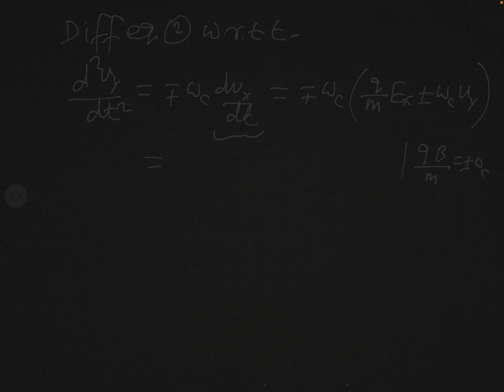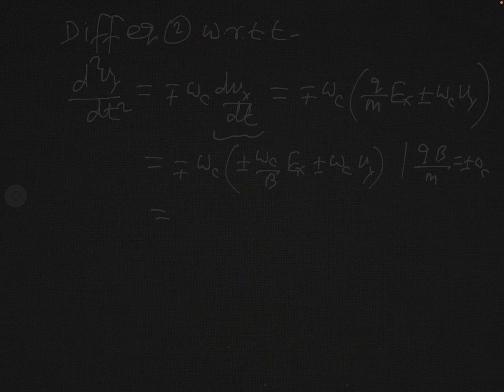This will be plus minus omega c by B. So we can write this as minus plus omega c into, and this q by m will be replaced by plus minus omega c by B. So this is plus minus omega c by B into Ex, and plus minus omega c into Vy.